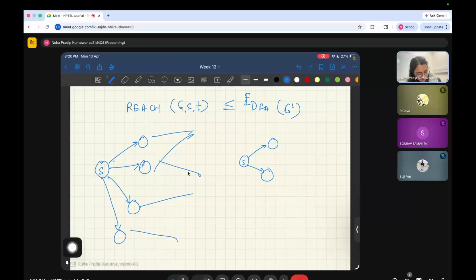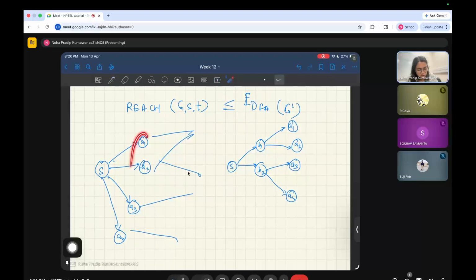Let me name these A1, A2, A3, A4. One way to carry this out is that from S you branch out like this, add some dummy vertices B1, B2, and B1 goes to A1, A2, and B2 goes to A3, A4. So you will have to branch out.